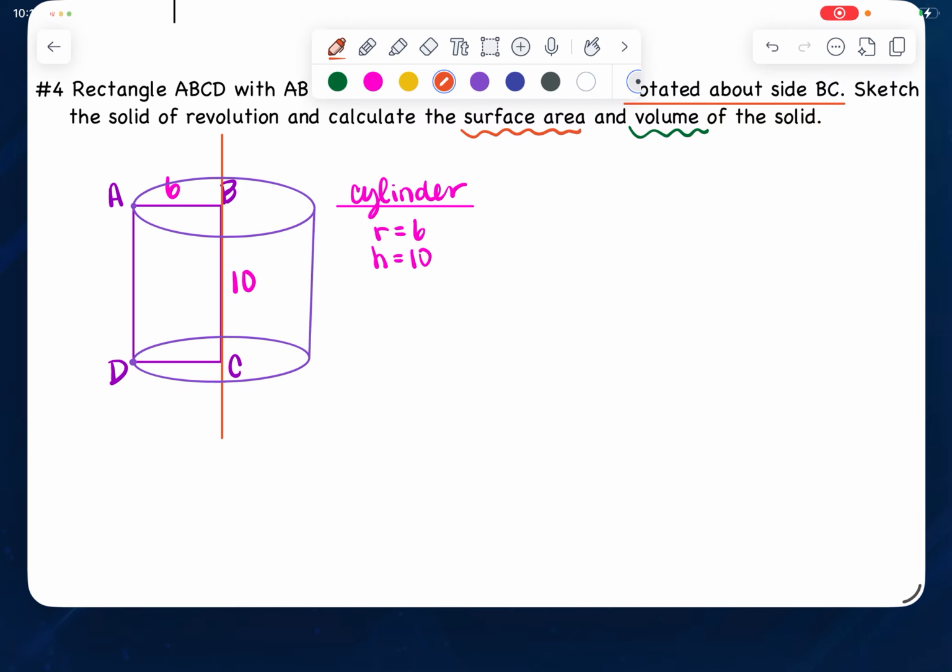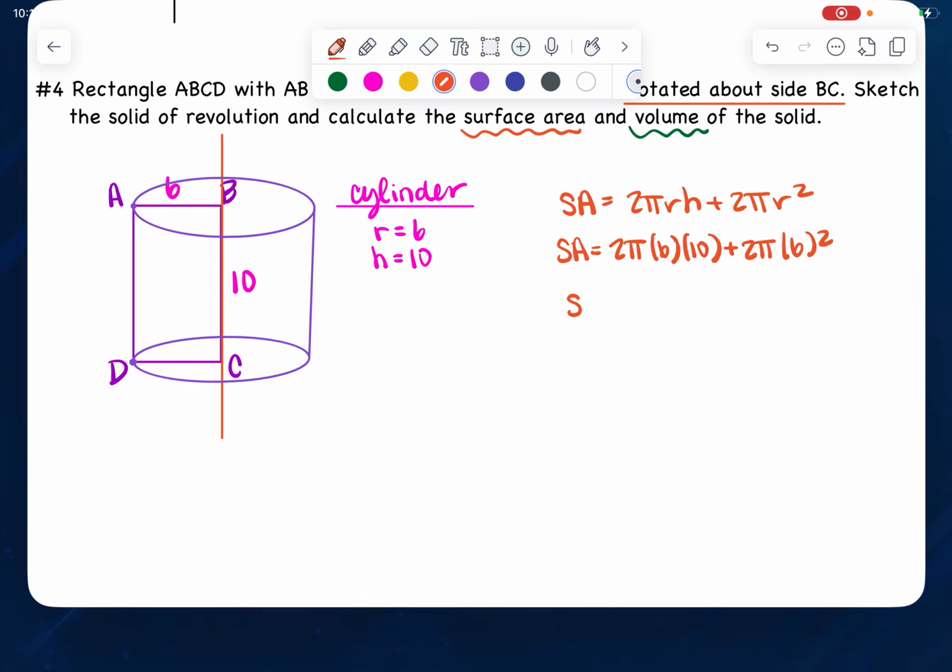Remember, our surface area formula for a cylinder is 2 pi r h plus 2 pi r squared. We have the r and the h, so we should just be able to plug that in now. So here we go: 2 pi r h plus 2 pi radius squared.